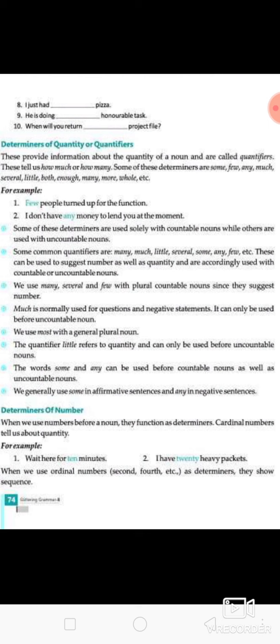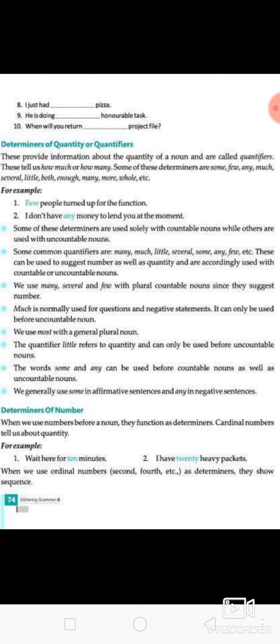So again, it's all about quantity. Now the second category is, as I said earlier, ordinal. When we use ordinal numbers like first, second, third, fourth as determiners, they show the sequence. Who is first, who is second, who is third. The third fellow. The second of the two people.